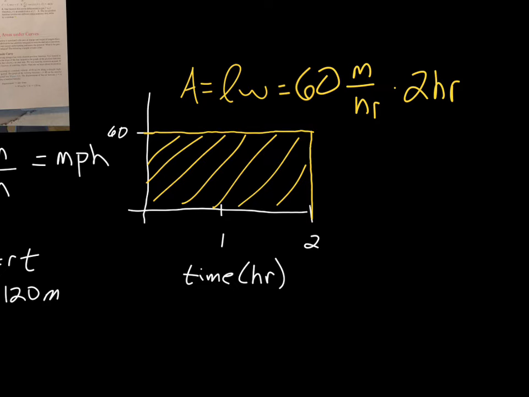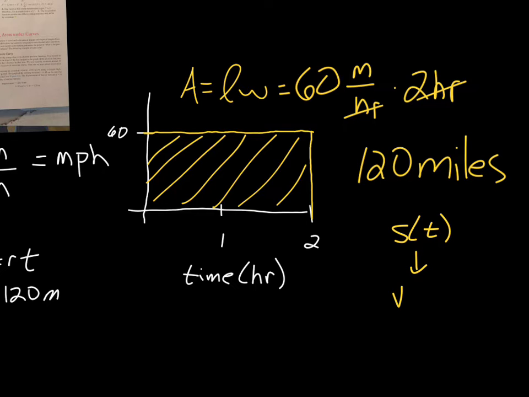Okay, and so when we multiply this together, the hours cancel, and we're left with that 120 miles. Now think about this: if we're going from our position function to our velocity function, position would be our miles, and then we go to velocity, and we would be at miles per hour.